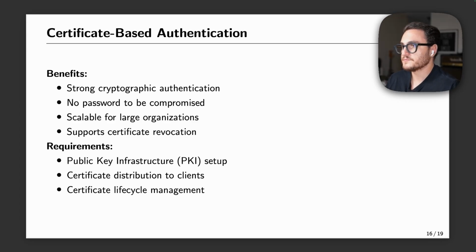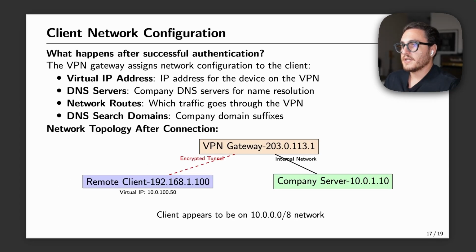Here's a new one. When a client connects to the VPN gateway, a couple of things happen. The most important one is that the server, the gateway, assigns a virtual IP address for that device and pushes network routes for the private network to the client, meaning that now the client, to reach the company server that is behind a VPN gateway, knows that it has to go through the VPN gateway.